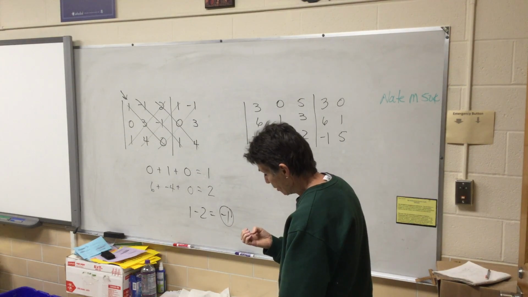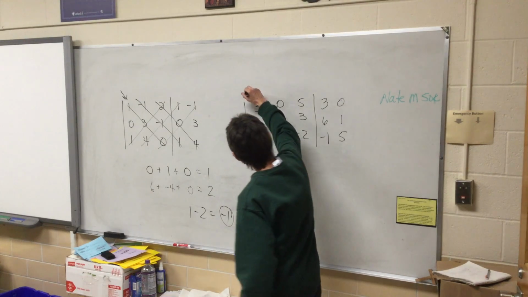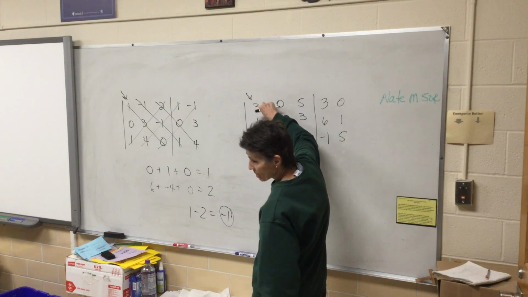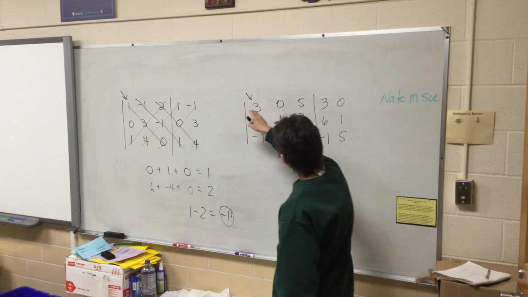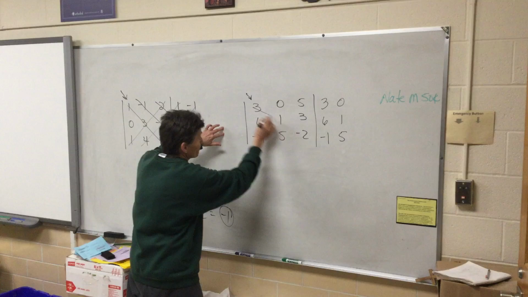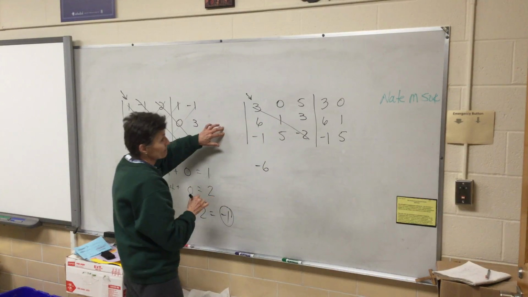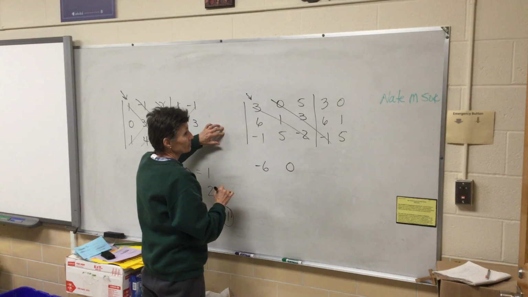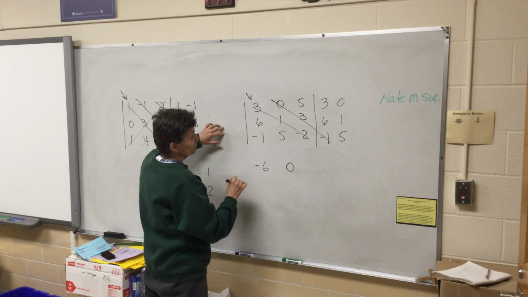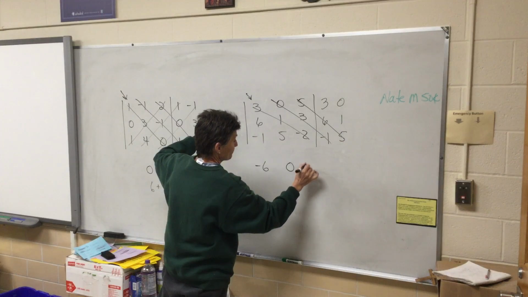Now we're going to do some multiplying, and we always start with the very first number. Start right here. And we multiply down. So this multiplication would give me -6. This one would give me 0. Oh boy, and this one is going to give me 150.